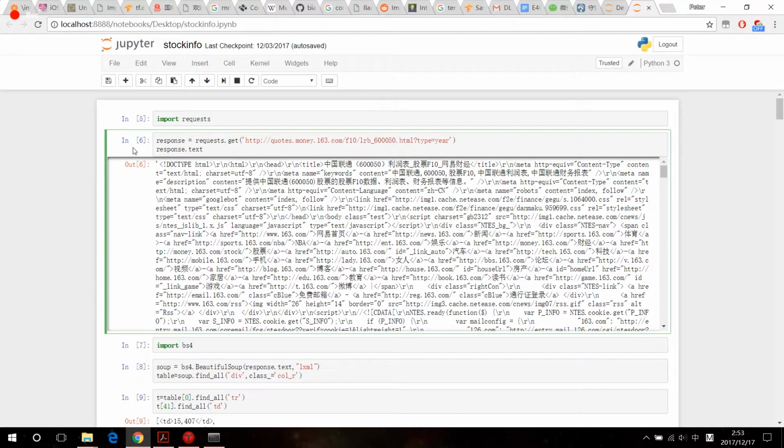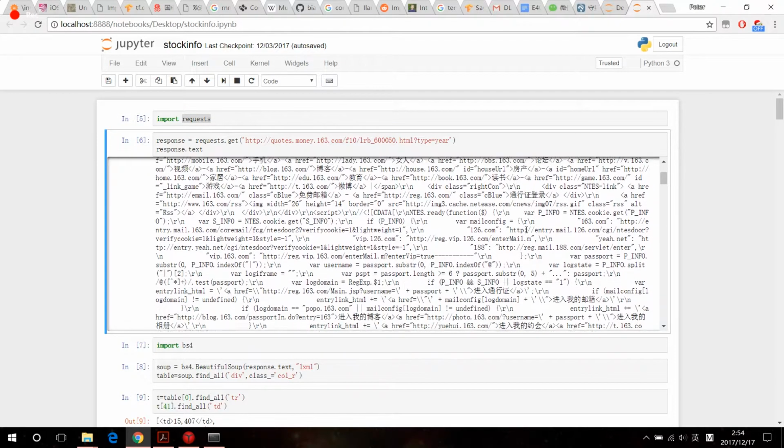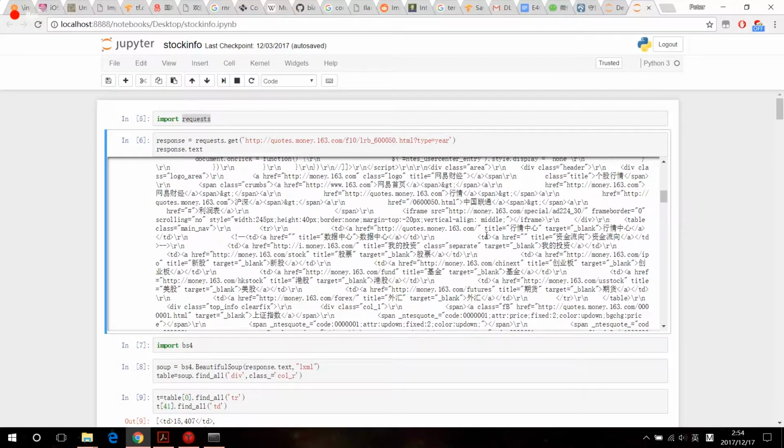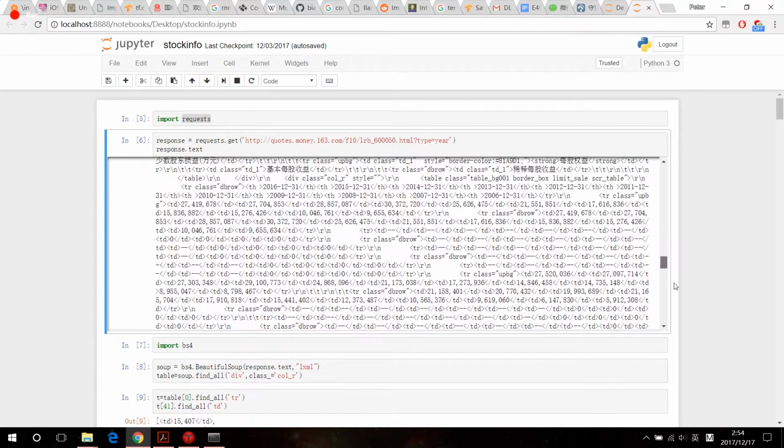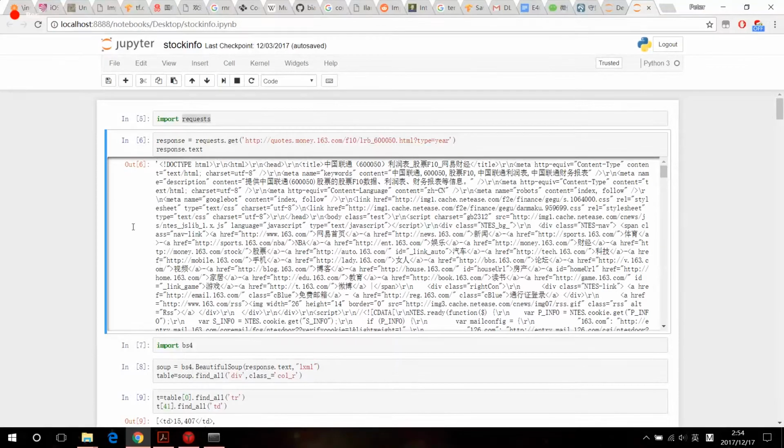We use two packages to help us finish this job. One is requests. We use this package to get the HTML file from the website. As you can see, almost every piece of information we need is included in this HTML file, which is a source file.